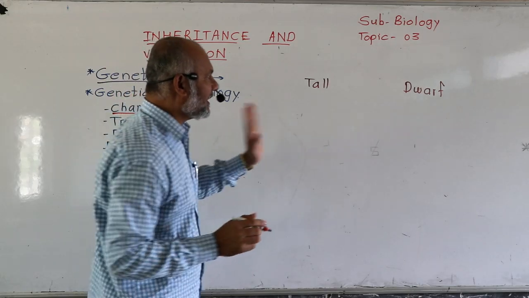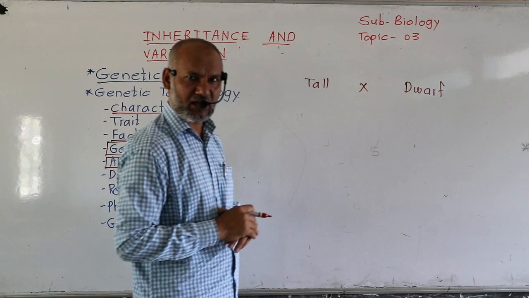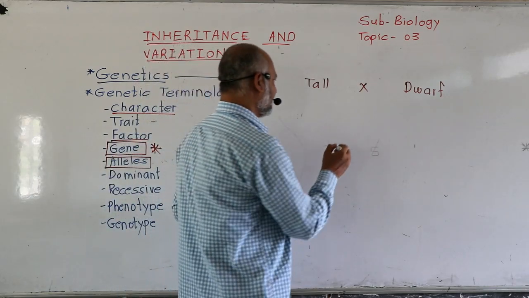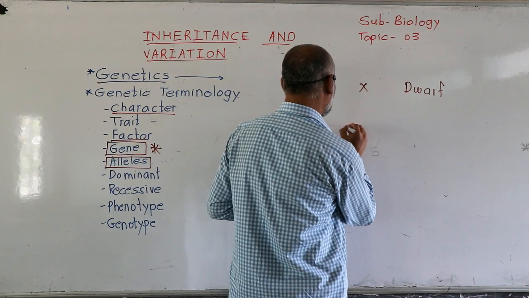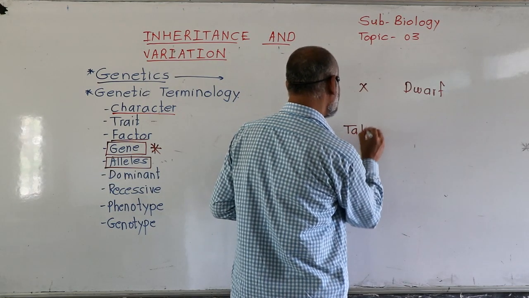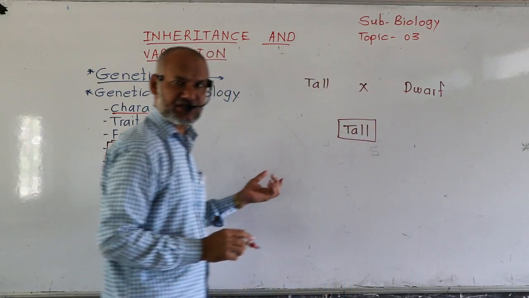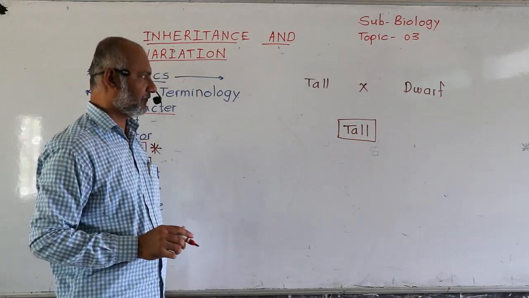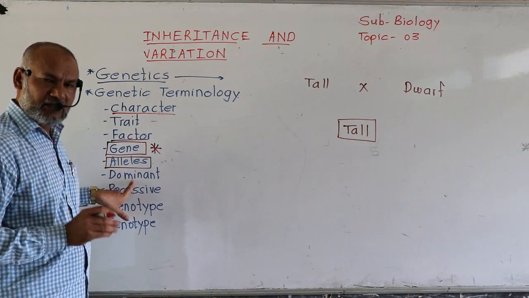When these two plants are crossed, then in the F1 generation there is production of all tall plants. Now we come to dominant.